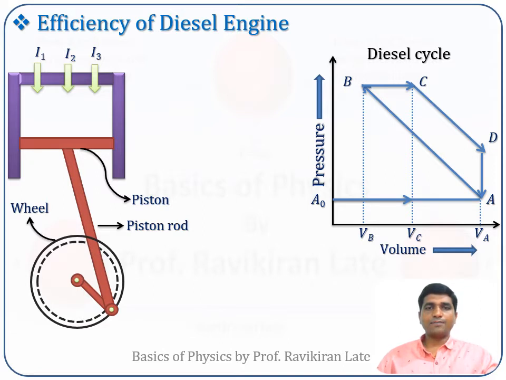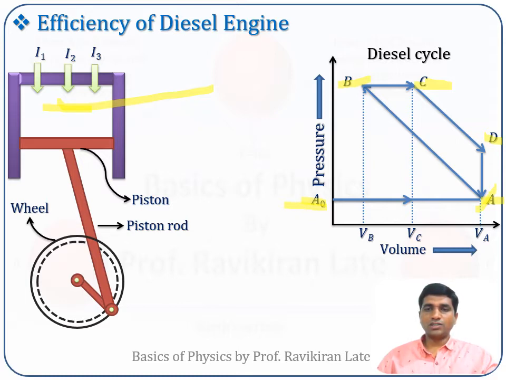The diagram shows a schematic of a diesel engine which is given over here, and this diesel engine consists of valves I1, I2 and I3. This diesel engine's cycle consists of 6 operations: from A0 to A, from A to B, B to C, C to D, D to A, and again from A to A0.